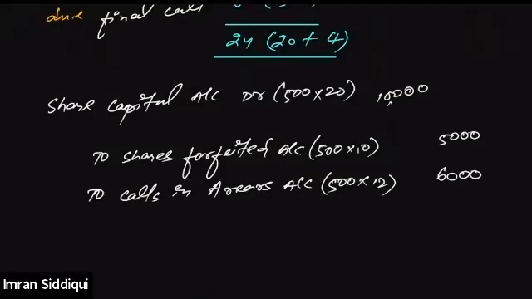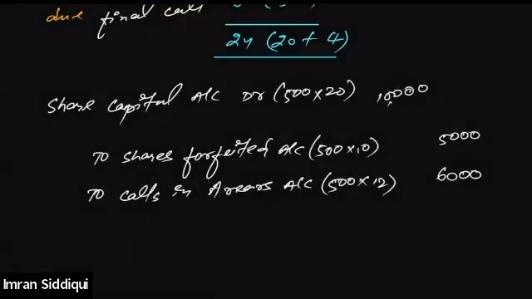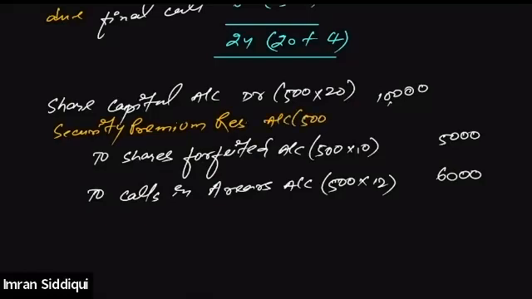That means a total of 6,000 is due. And now there is a difference arising. So that difference will be debited to the securities premium reserve account, 500 into 2.